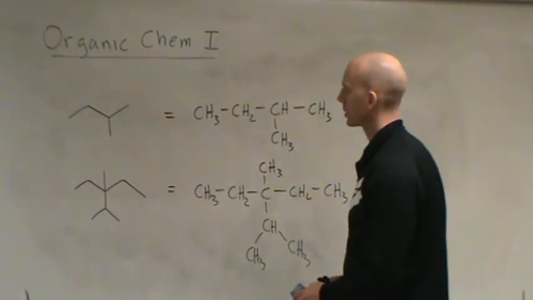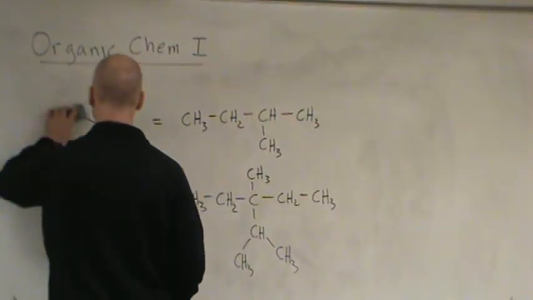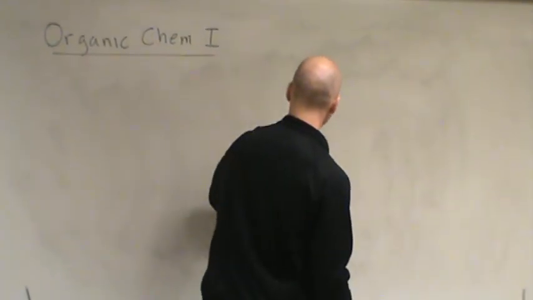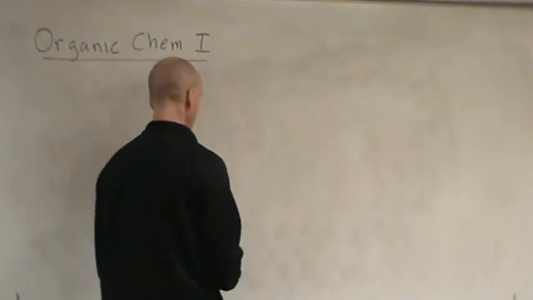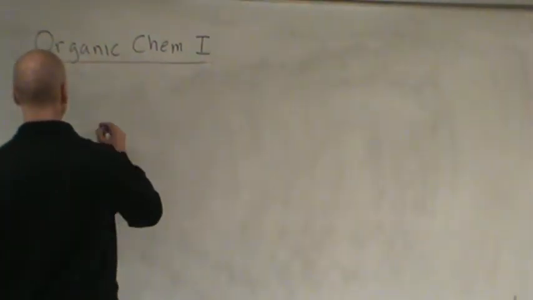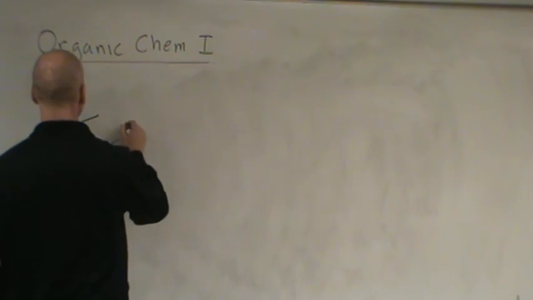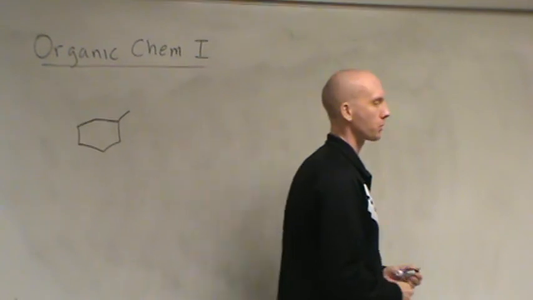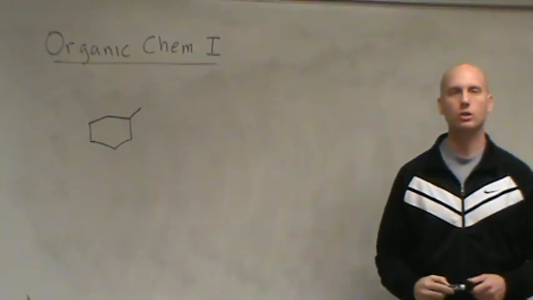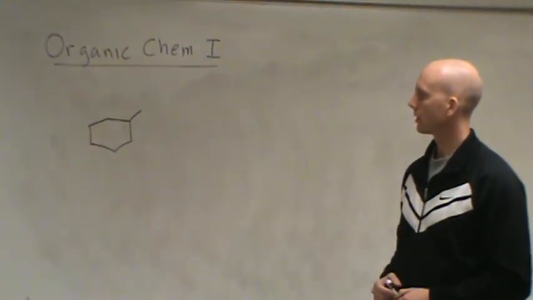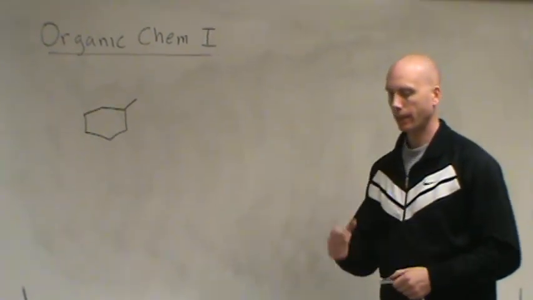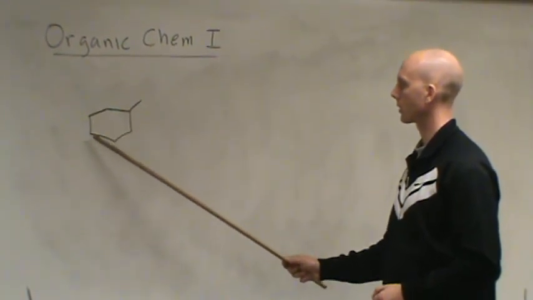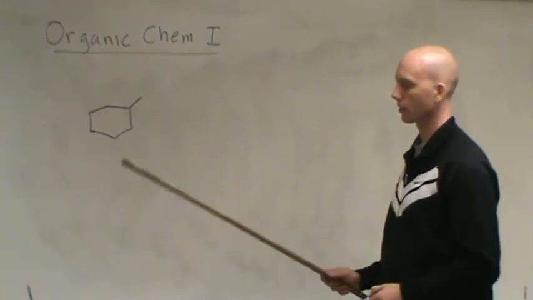Okay, let's do another one. Sometimes we can have rings as molecules. Okay, if you note here, we've got a ring of how many carbons? 1, 2, 3, 4, 5, 6.